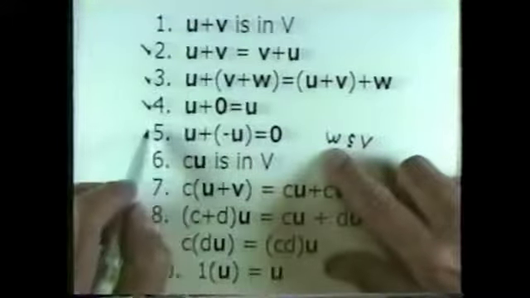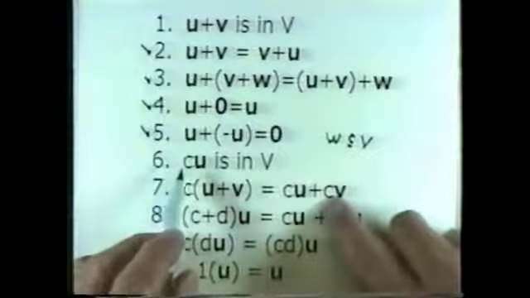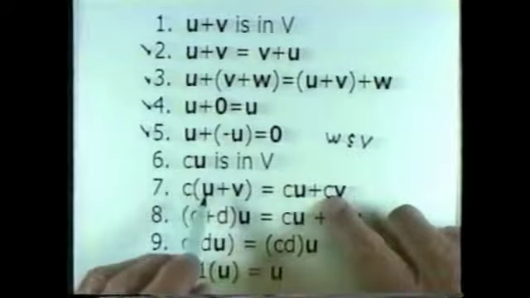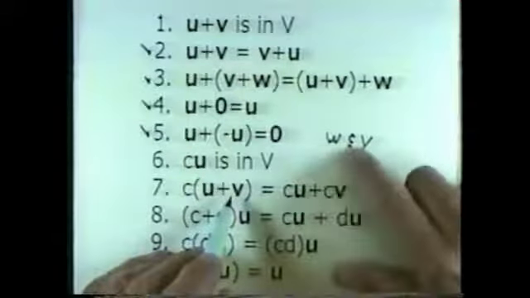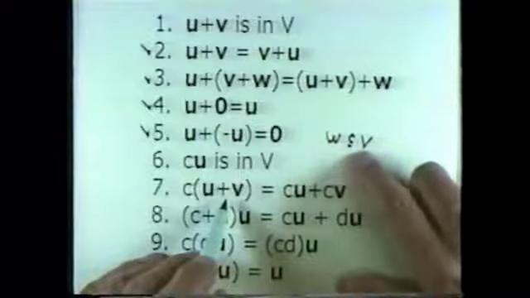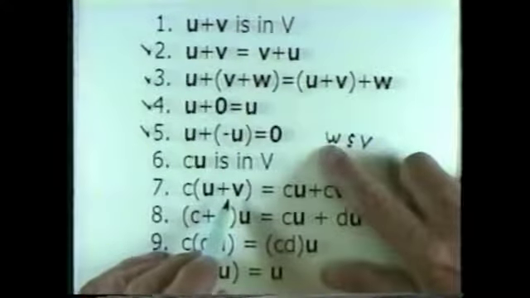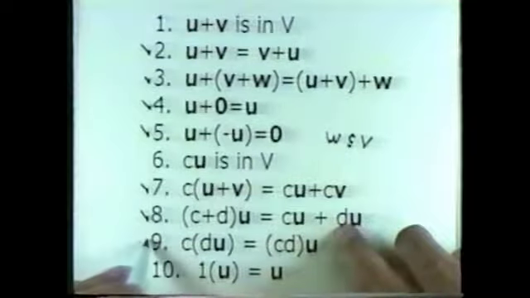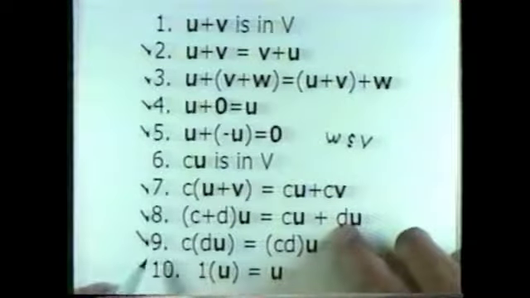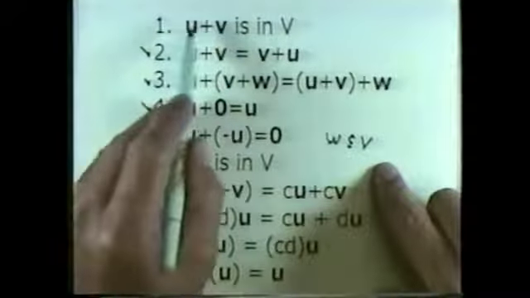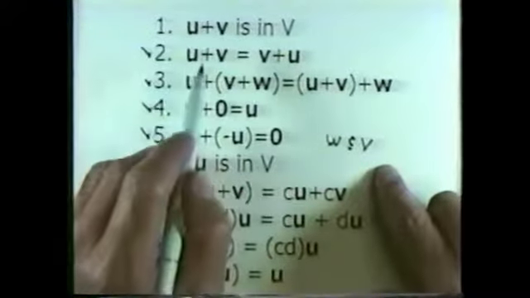U plus the opposite of U, this must be satisfied. Scalar multiplication is distributive over vector addition for all vectors in V. Well, all the vectors in W are part of V, so in particular it must be satisfied for all vectors in W. Likewise for the others. Now there are only 2 properties that we have to worry about.